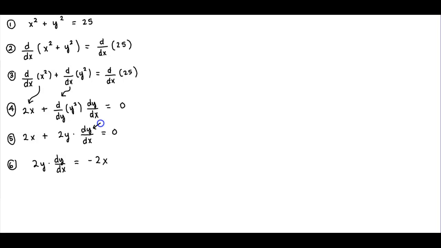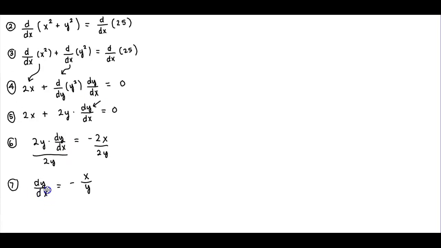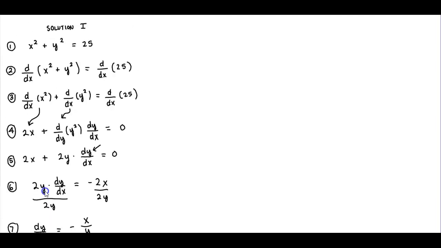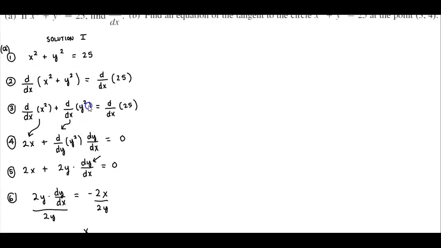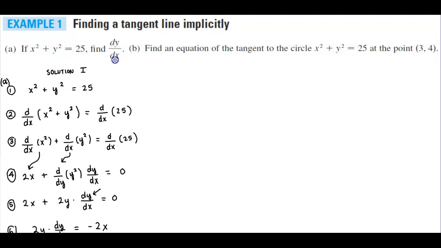Then if we divide both sides by 2y, we get dy over dx equal to negative x over y when we simplify the 2's. So this gives us implicitly the derivative. This is part A of our question, where we found dy over dx.